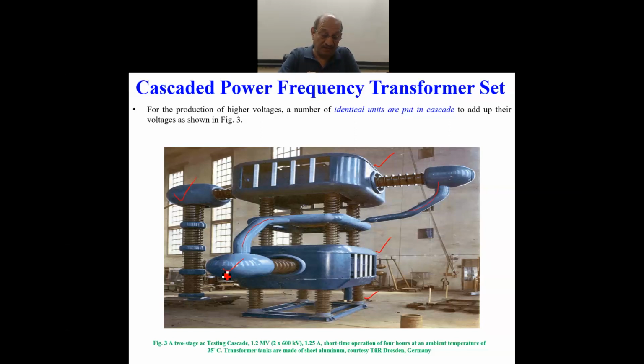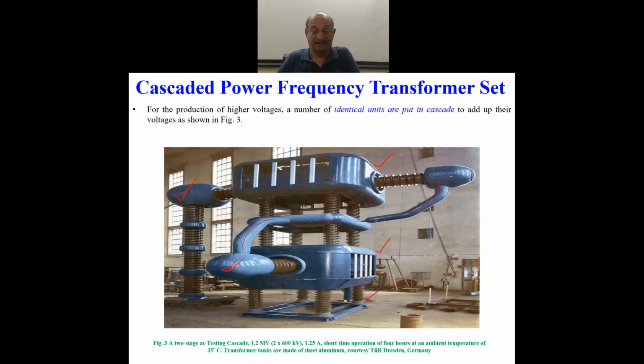So this is the first 600 kV going to the primary of the second unit, again transforming it in the same ratio to give an output again of 600. So 600 primary, 600 added, you can say, doubles to 1200 kV.